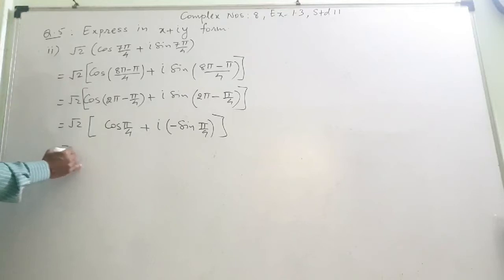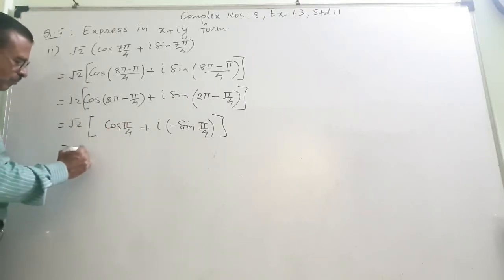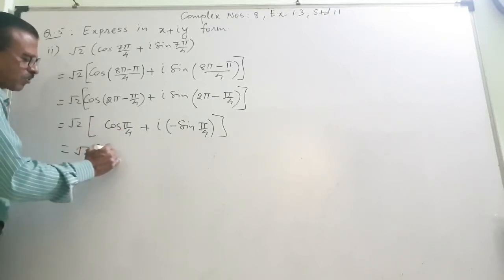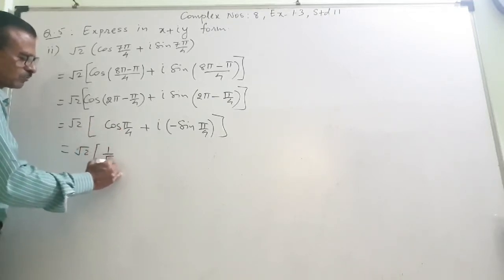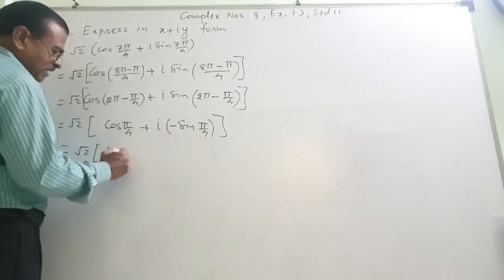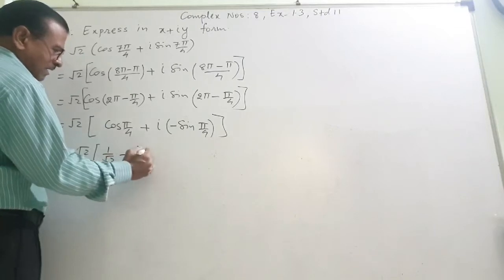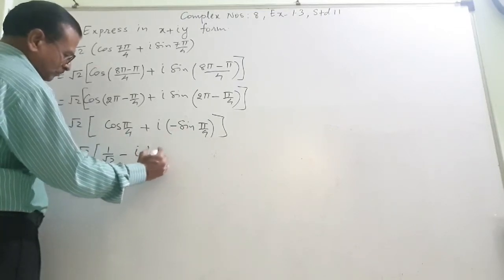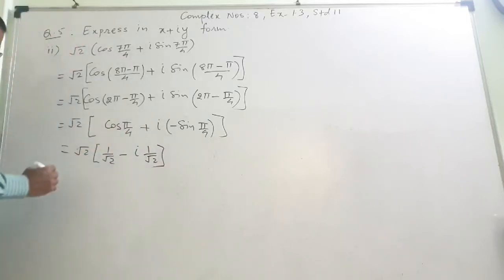So that is equal to root 2, afterwards I will write the value of this. Cos of pi by 4 is 1 upon root 2, plus this plus and this minus will be minus i, sin of pi by 4 is 1 upon root 2. Now this root 2 I will distribute.